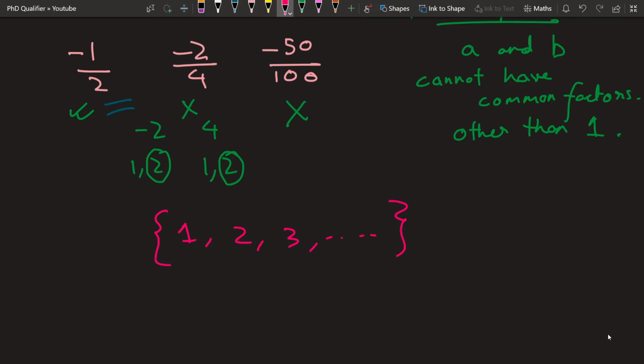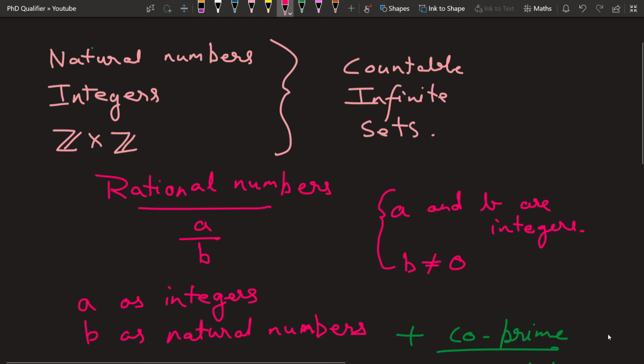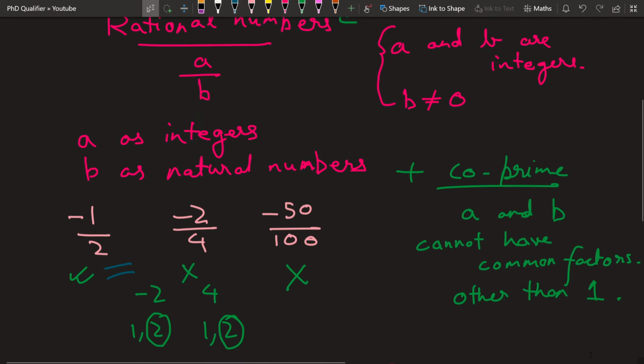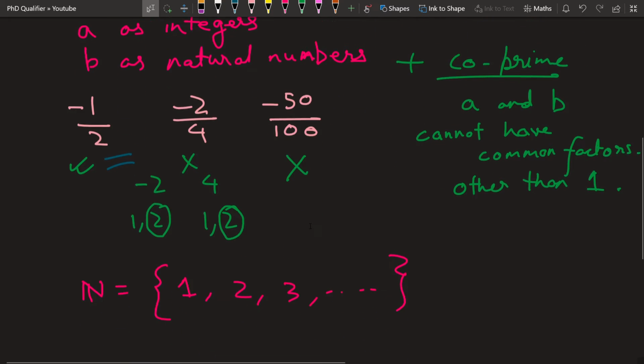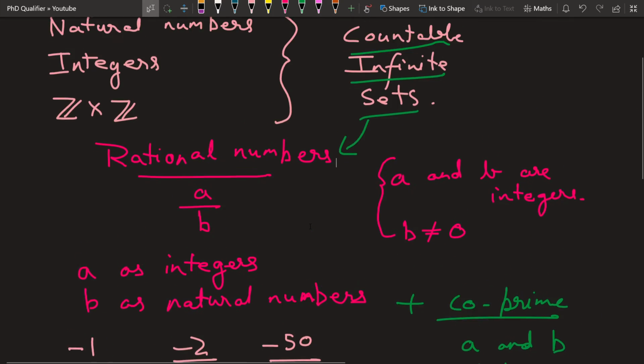But for rational numbers, that representation becomes a little bit difficult. So it is very difficult to see already how it will fall, or if it will fall under these countable infinite sets, because you need to count rational numbers, and if you cannot represent them properly, then how will you count? So, for that, it's very simple.